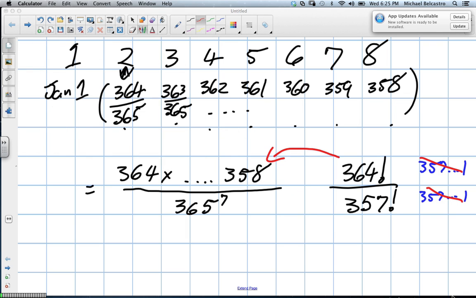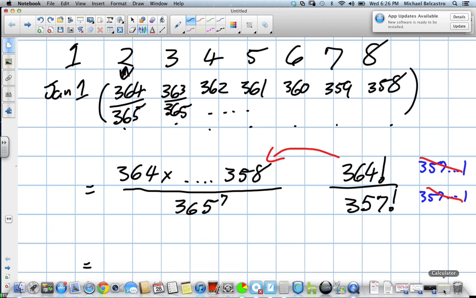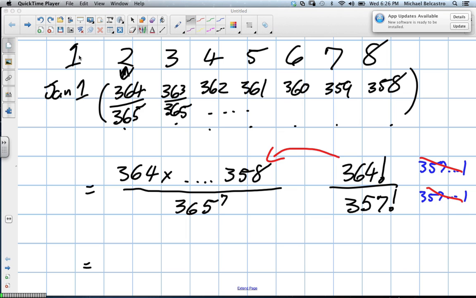Mine can't either. No, yours can't either, right? Okay, so then we're going to have to just multiply this the old-fashioned way. 364 multiplied down to 358. So we'll do that right now. So I'll pause while we do that so we figure this out.